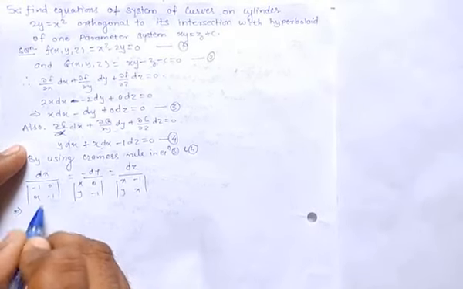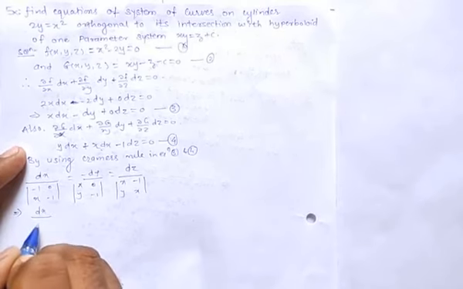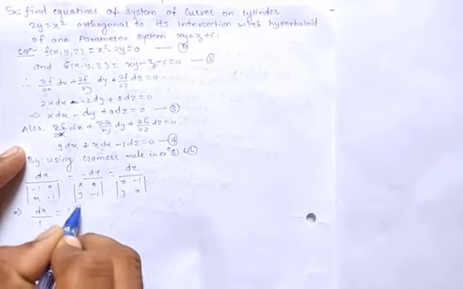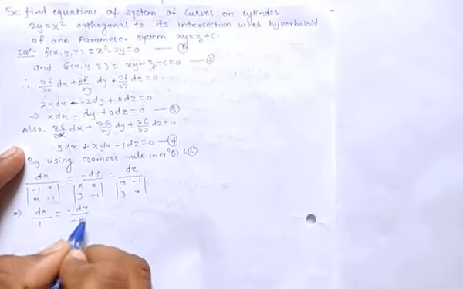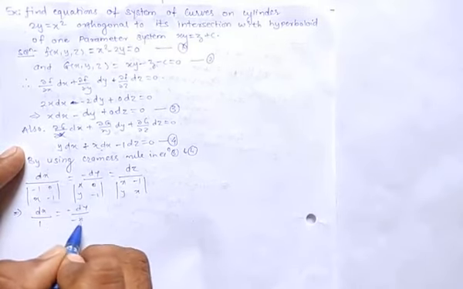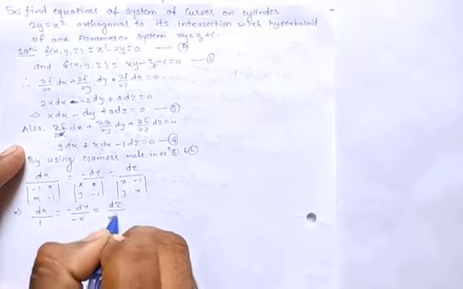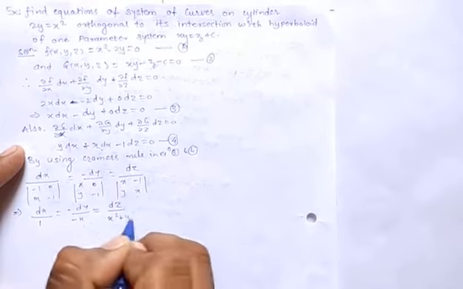Taking the determinants, dx upon (minus 1 into minus 1, 1, minus 0) equal to minus dy upon (minus x into 0, so minus x minus 0), and last dz upon (x square plus y).